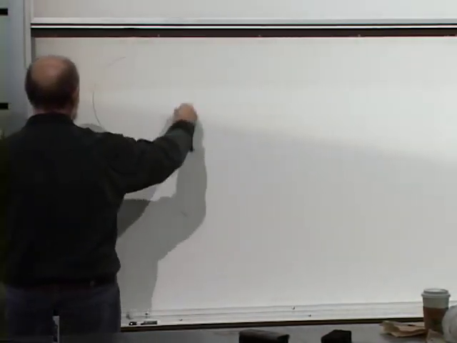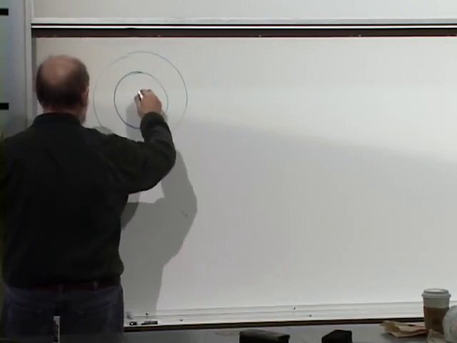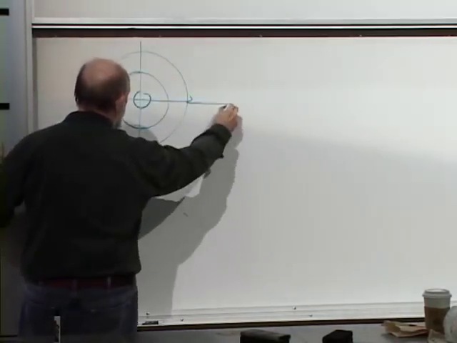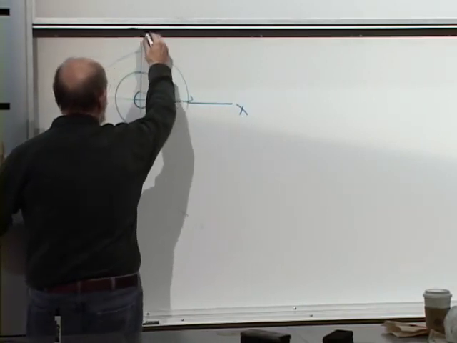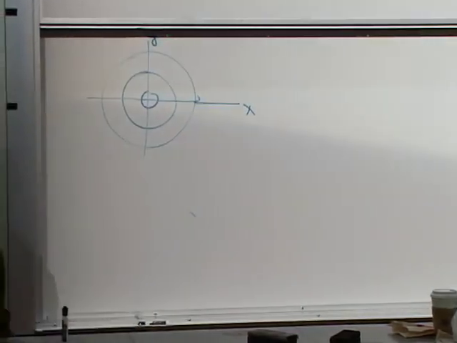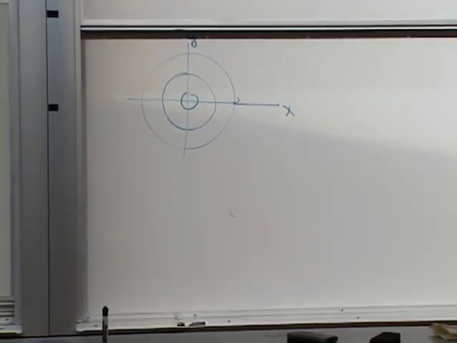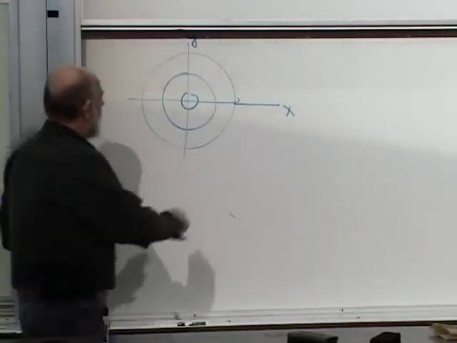Okay, let's go back to circles for a minute. Here's circles. Here's x, and instead of calling this t, I'll call it y. But notice that y is a great deal like time here. All right.